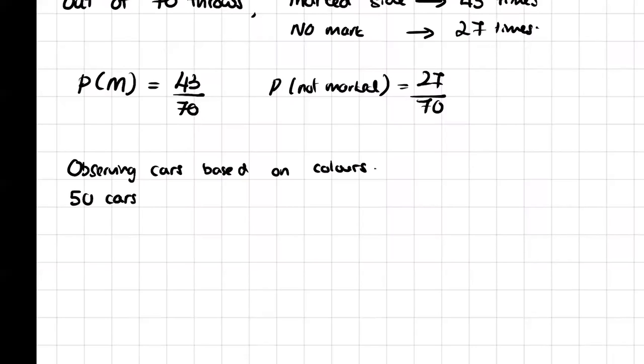I get 21 white cars, black cars maybe 5, red cars maybe 7, blue cars maybe 7, and then maybe others, 10.